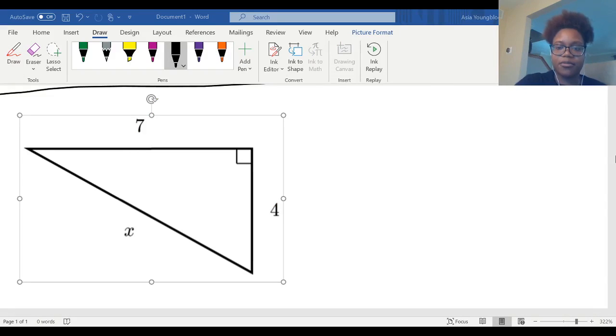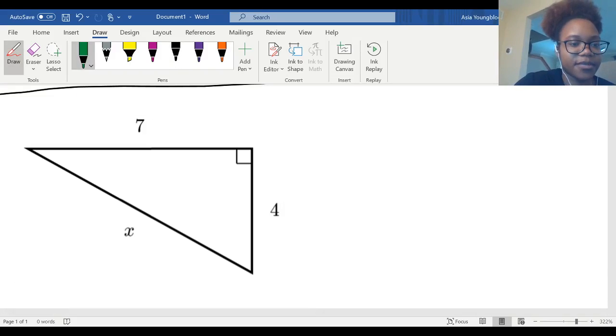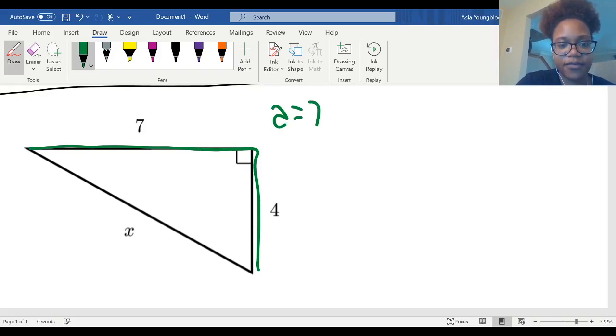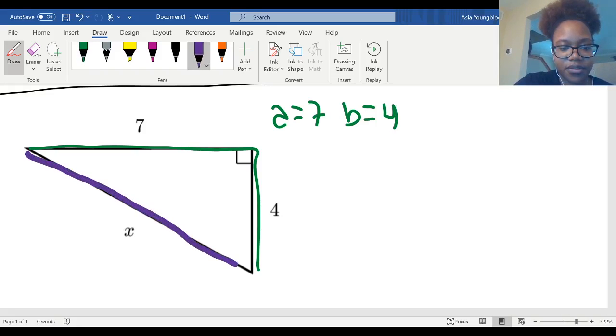This is our last problem in this first problem set. So again, two sides making the right angle are the 7 and the 4. So A equals 7, B equals 4. Our hypotenuse is going to be x.